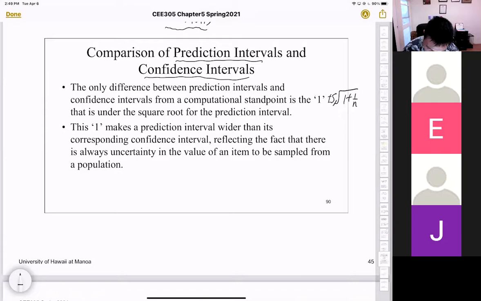But for confidence interval, we use 1 over n itself. So that makes the interval wider than its corresponding confidence interval. Actually, it is much wider, because 1 over n is a small value, so 1 plus that value makes the interval much wider. That is because prediction interval is for future values, so we need to make the interval wider.